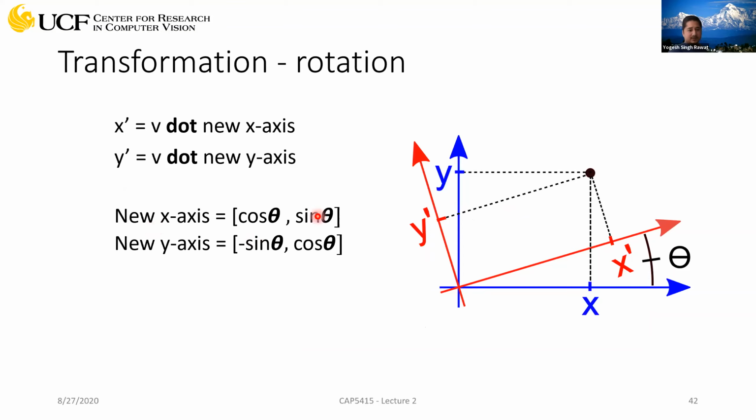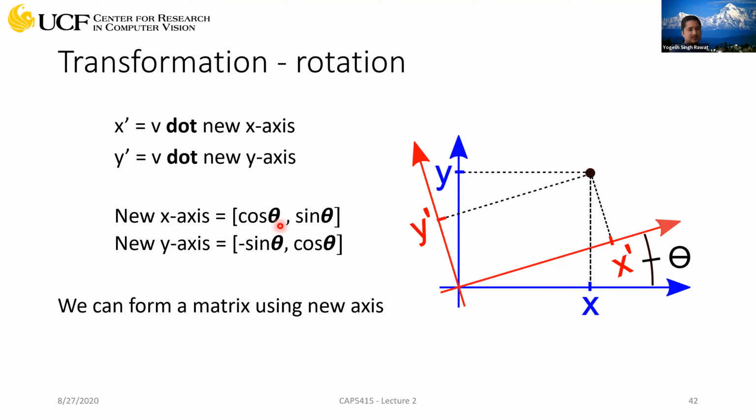Now you have the new x-axis, you have the new y-axis, and to get the x prime and y prime corresponding to the new axis, you just need to compute the dot product. And for the dot product, you can use matrix representation.